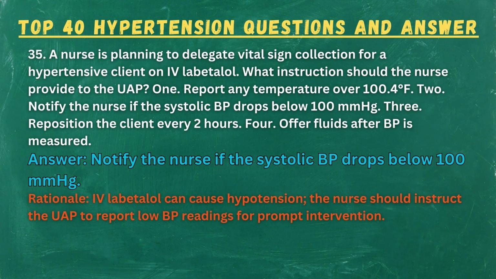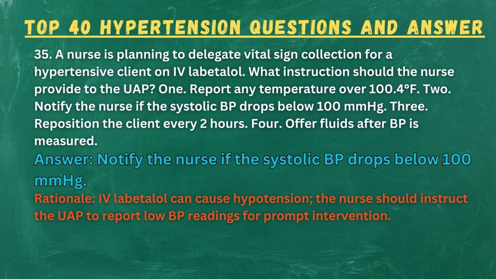Reposition the client every 2 hours. 4. Offer fluids after BP is measured. Answer: Notify the nurse if the systolic BP drops below 100 millimeters of mercury. Rationale: IV labetalol can cause hypotension. The nurse should instruct the UAP to report low BP readings for prompt intervention.